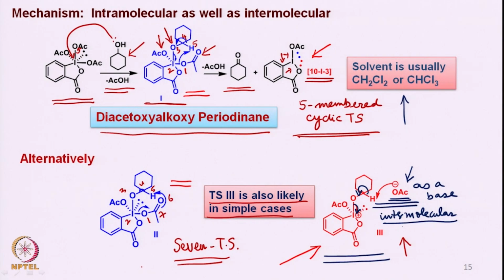And if one invokes intermediates of type 1 or type 2, I am talking about intermediates because they then undergo a transition state involving a 5-membered or a 7-membered ring. So, these intermediates of 1 and 2 kind, which allow intramolecular oxidation to take place via a 5-membered or a 7-member transition state, would then be affected by the steric factors, obviously, because it will be a compact 5 or 7-member transition state, and therefore there will be a possibility of steric hindrance.